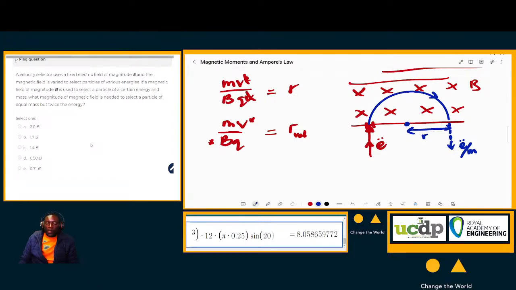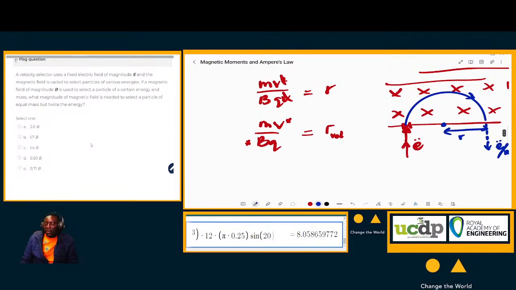So this part of the question says if B is used to select a particle of certain energy, meaning half mv squared kinetic energy, and mass, then what is the magnitude of the magnetic field needed to select a particle of equal mass but twice the energy?